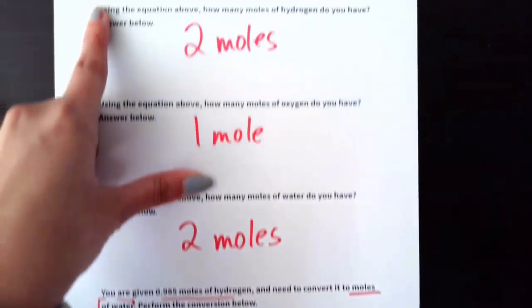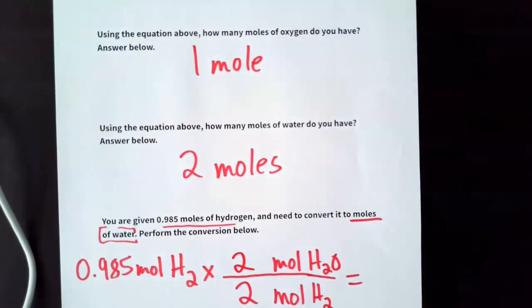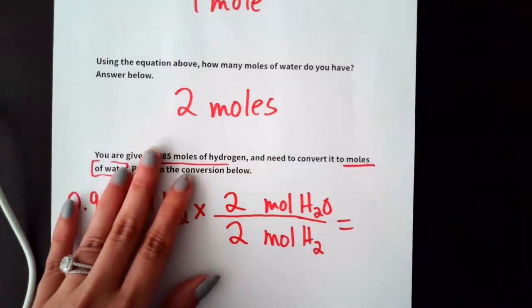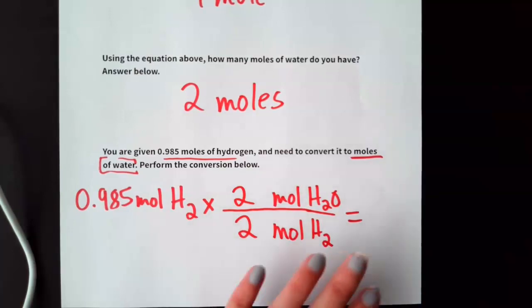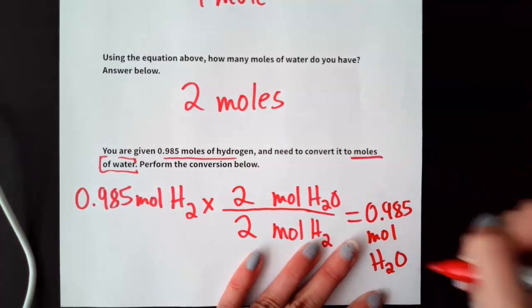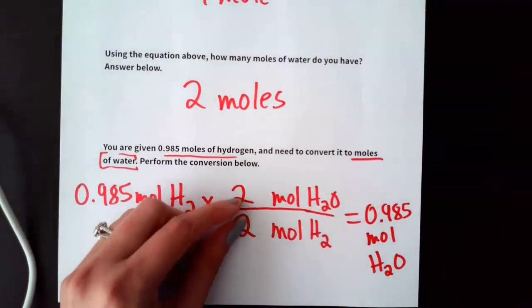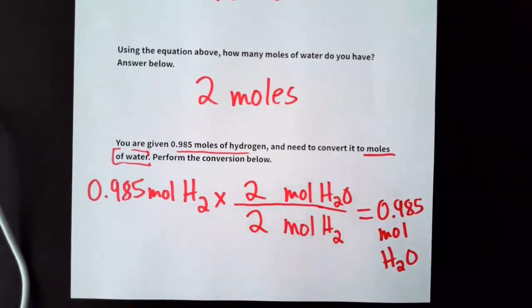Moles of H2, what do you know? It's a 2. Okay, so now we have to actually do this math. In your calculator, you would type 0.985 times 2, and then divide it by 2. And whenever you do that, you're going to get 0.985 mole of H2O. Okay, and the reason for that is this 2 divided by 2 is the same thing as 1.